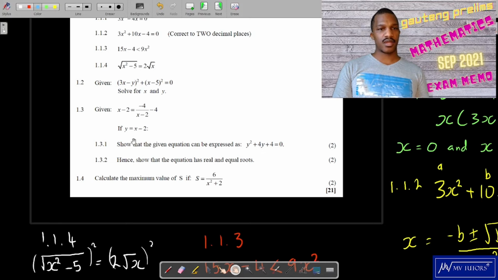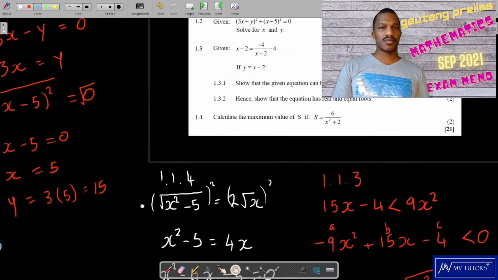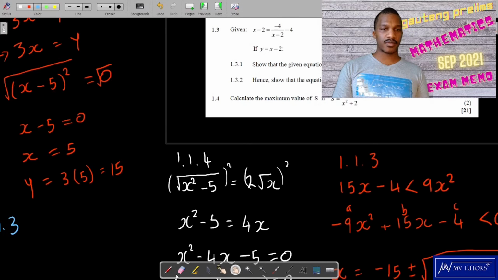I'm just going to substitute y where x minus 2 is, and it's the subject formula there if you look closely. Okay, so I just want that formula. First of all, I'm told x minus 2 is equal to minus 4 divided by x minus 2, and then minus 4 there.